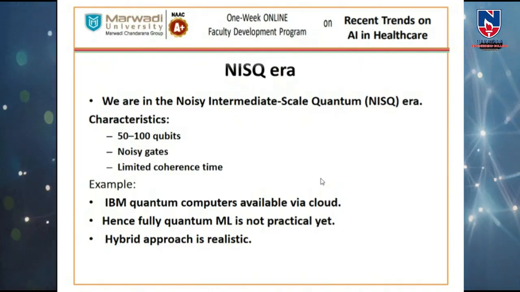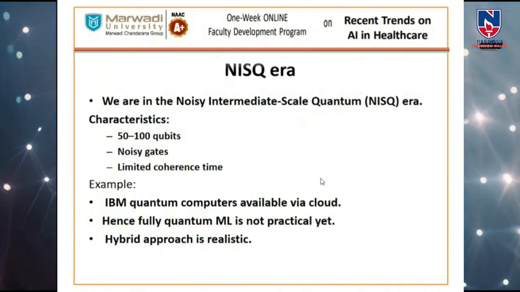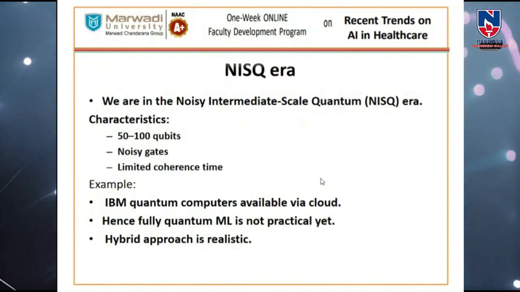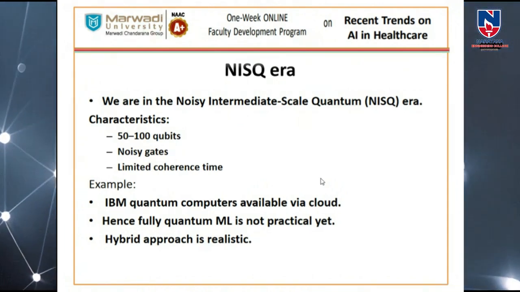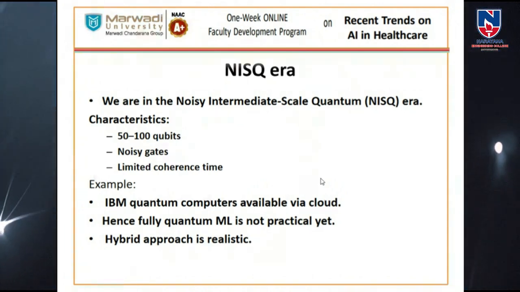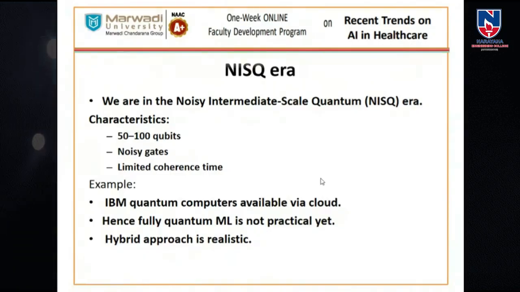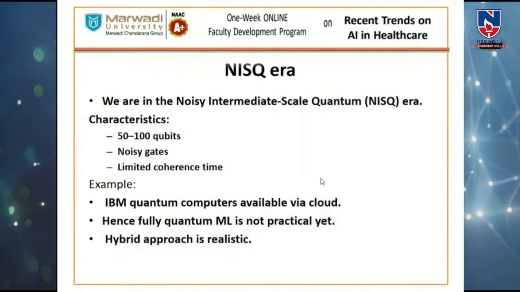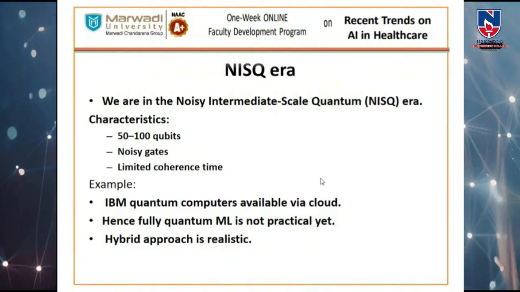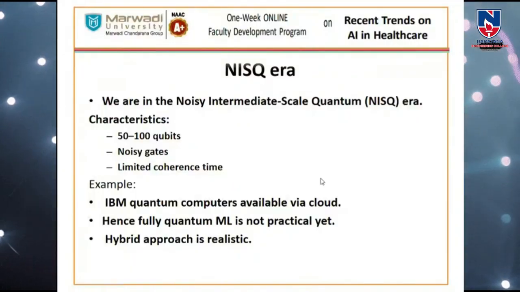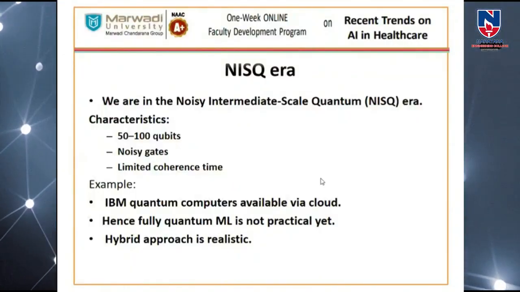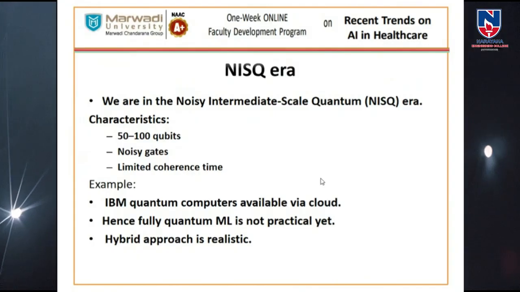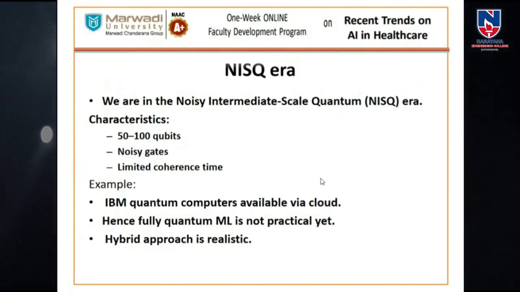It is not so much innovative as realistic, where we combine the classical approach with the quantum approach. It acknowledges the hardware constraints while strategically integrating the quantum components where they add value.